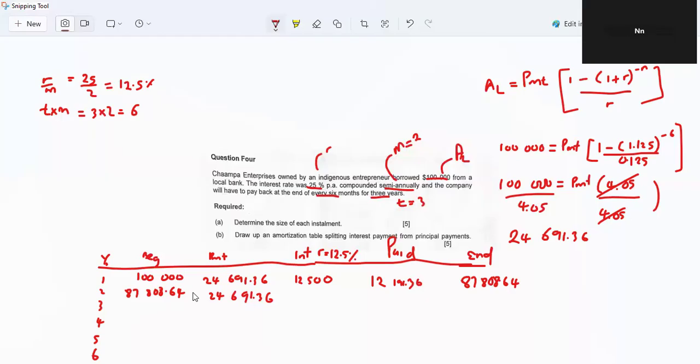You don't need to make a mistake. It's 10,976.08. Then here, how do we get the figure?